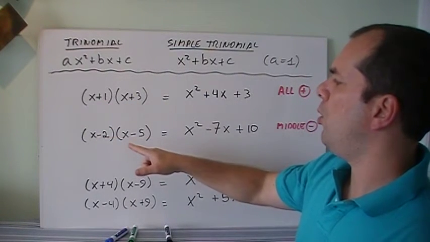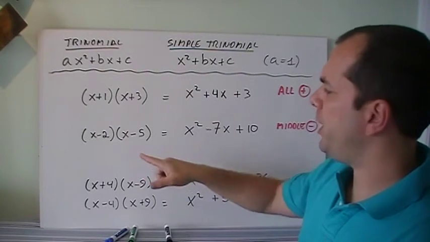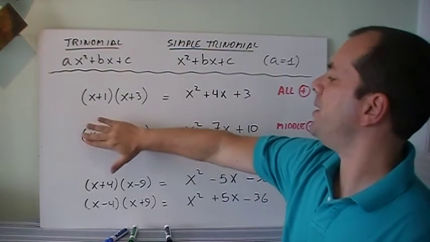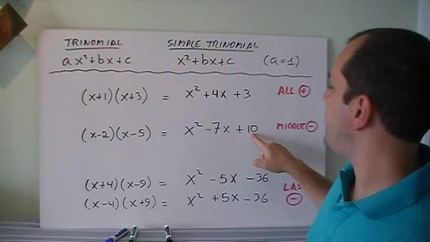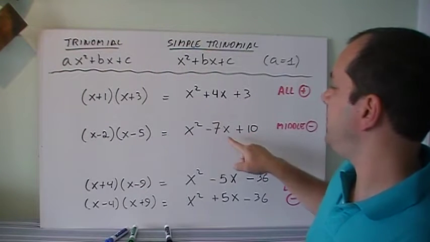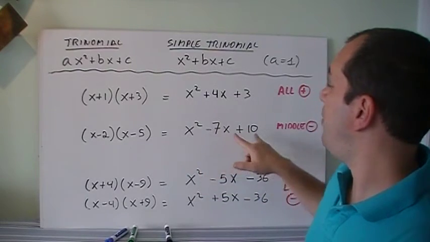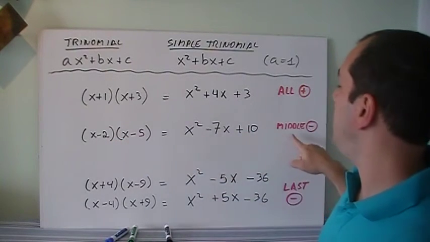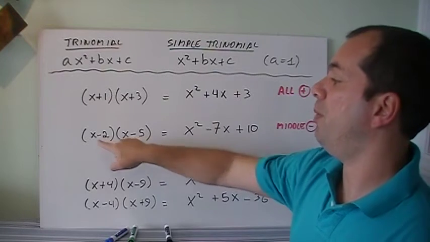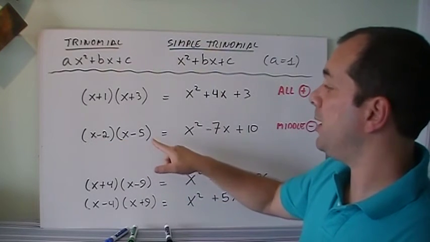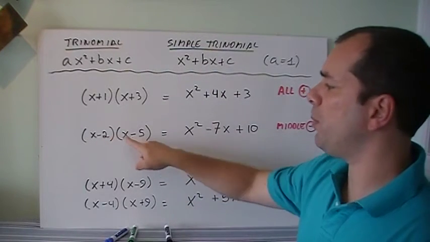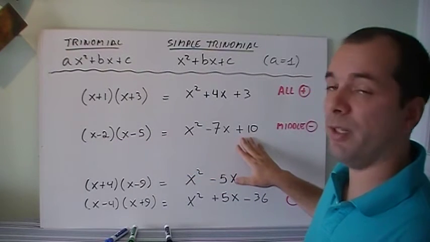Now, what if I have something like this? I see that my last number is a plus, but my middle number is a negative. Well, that says that both numbers have to be negative. They both have to be negative, because when I multiply two negative numbers, it gives me a positive number.